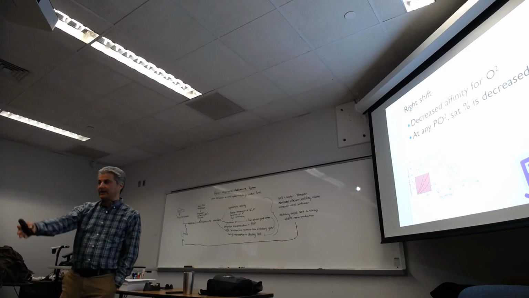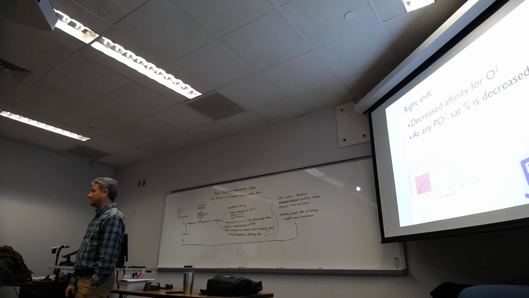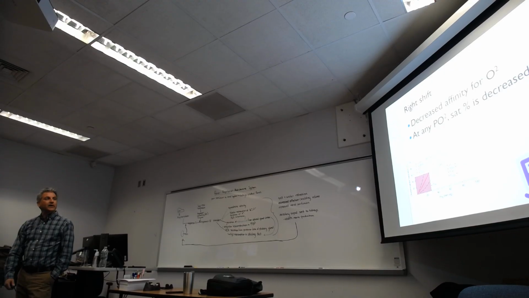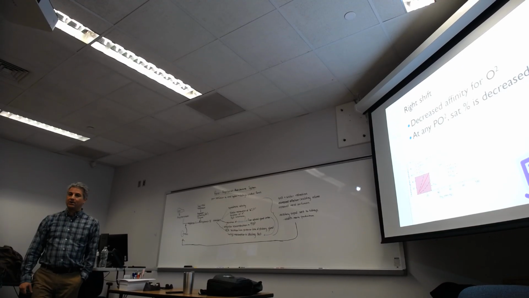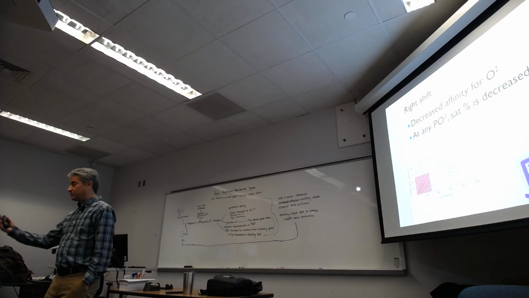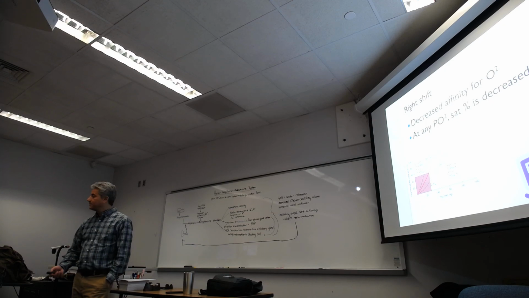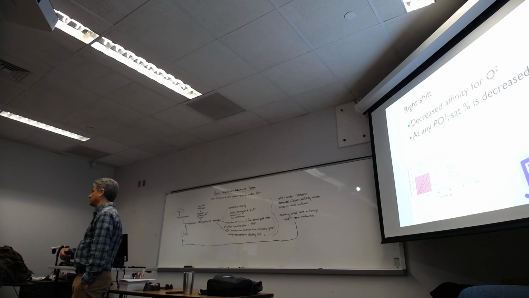It is delivered out to the tissues themselves that actually need it. And so this person's SpO2 might appear to be lower because the hemoglobin is giving it off to the surrounding tissues themselves. All right, right shift is good. Left shift, not so good.